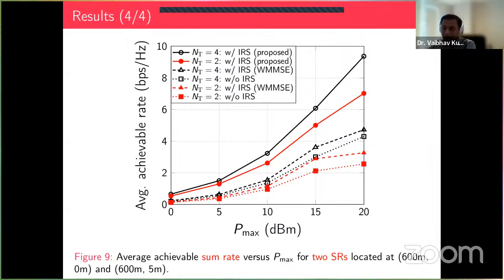If you have 2 secondary receivers, you have to design 2 independent beamformers, and both of them are coupled together with the IRS phase shift. So your coupling is even stronger in that scenario. So even for small values of Pmax, performance becomes very inferior if you approach via the WMMSE solution.